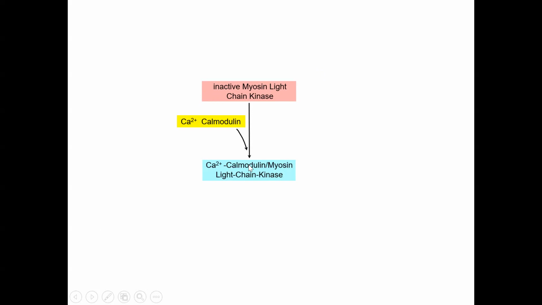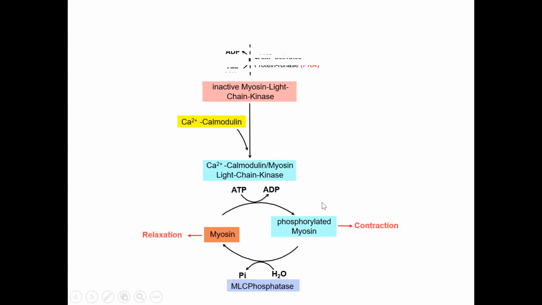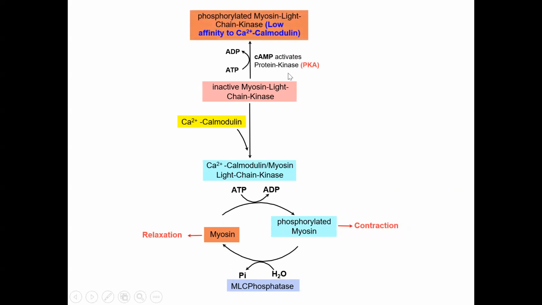Okay. If I phosphorylate this enzyme through the cyclic AMP pathway, I activate the cyclic AMP pathway, and that phosphorylates the MLCK. After MLCK is phosphorylated, it has less affinity for calcium-calmodulin.